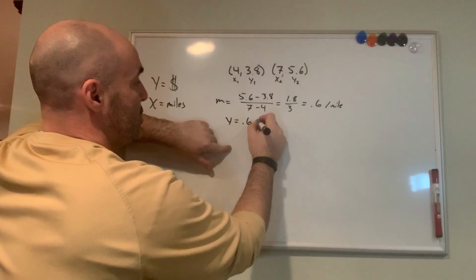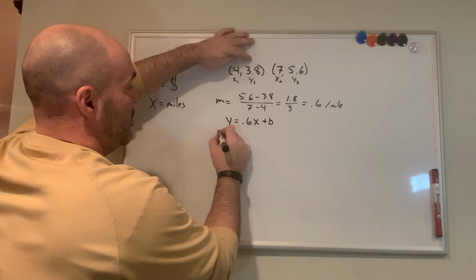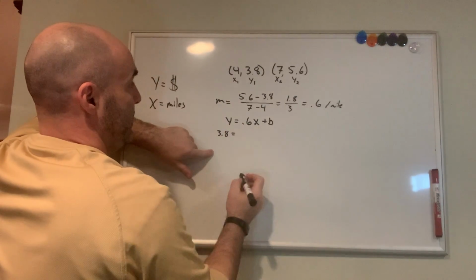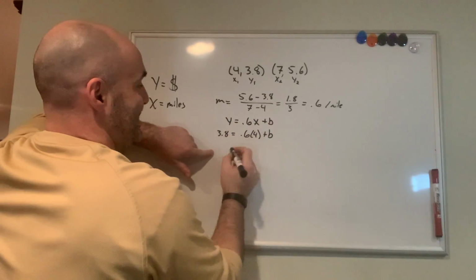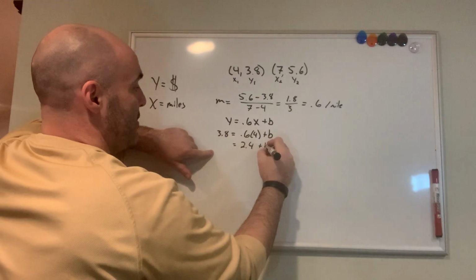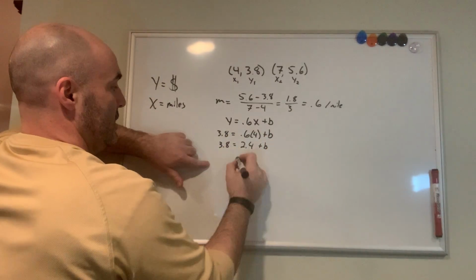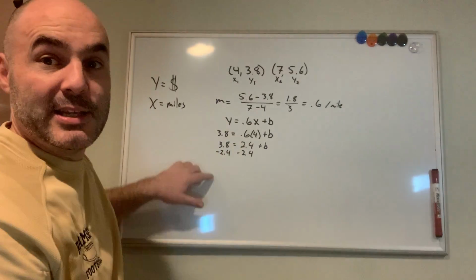We know the slope, which is 0.6, and we know that when it costs us $3.80 and we had gone 4 miles at 60 cents per mile, that's $2.40 of just mileage. So there must have been a charge just for hailing the cab.